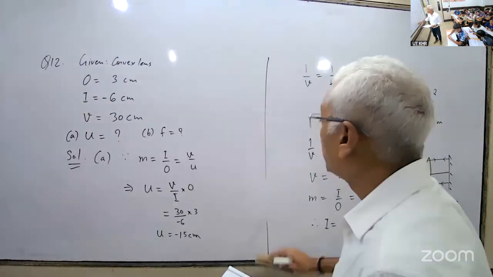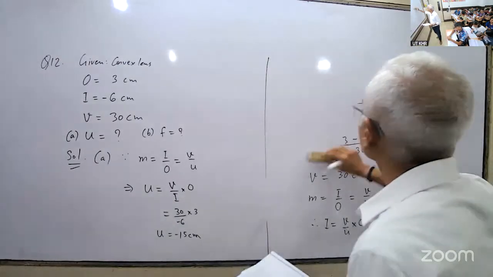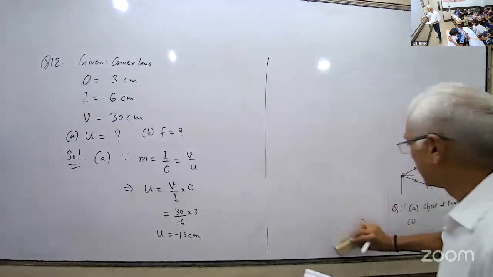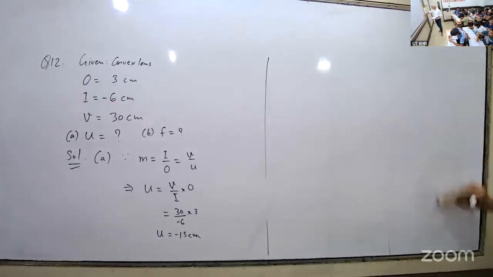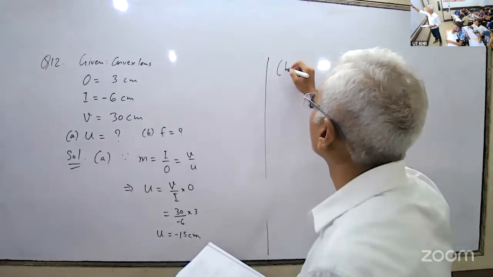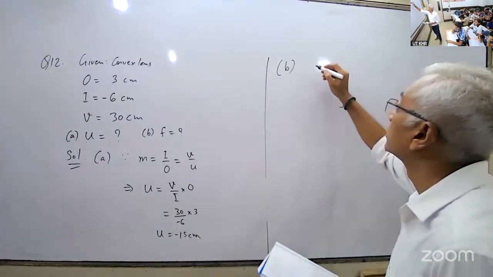Now what about B? So wherever you are getting different answers than written in the volume, cross check once. Now you have B. What is B?